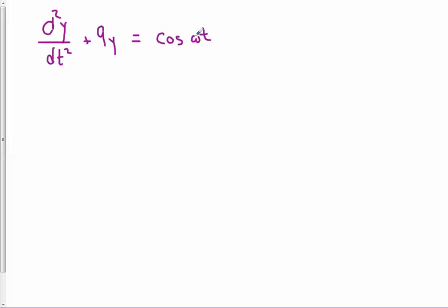So we'll leave this undetermined so that we can see where that ω ends up in our solution, and then we can play around with that number in the final solution. Well, the homogeneous solution, of course, would not be affected by it. That would still be a cosine 3t plus b sine 3t. That has nothing to do with the forcing term.